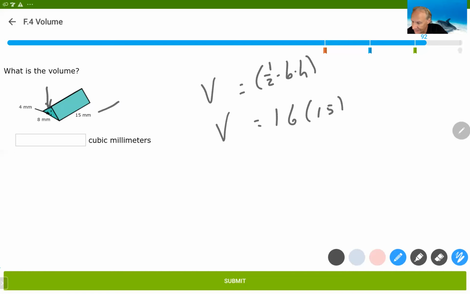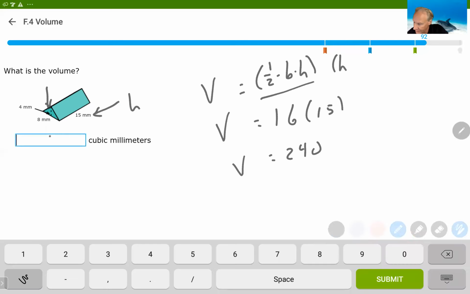And the 15 is my height. So this is 1/2 times 4 times 8, which is 16, times 15, which I believe is 240. Just gonna check it. Getting tired of going backwards here. Volume is 240 cubic millimeters.